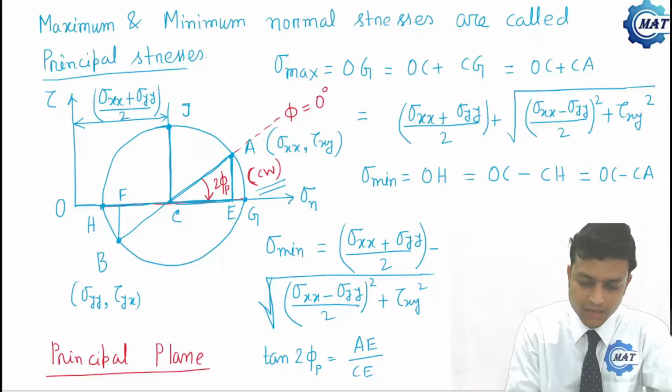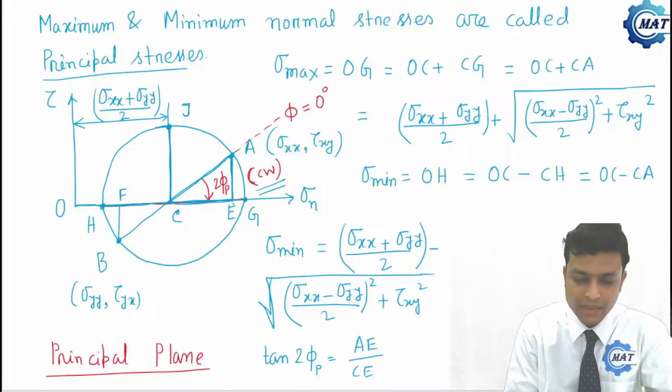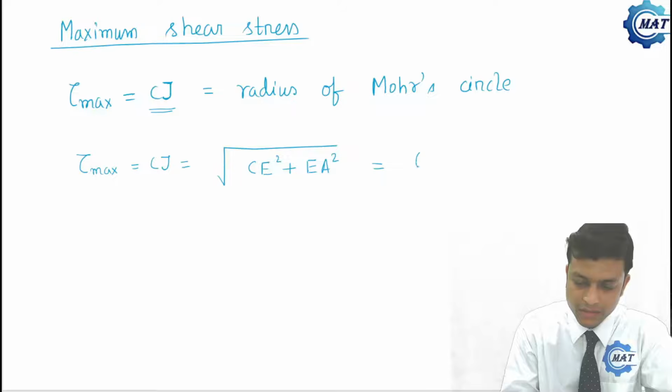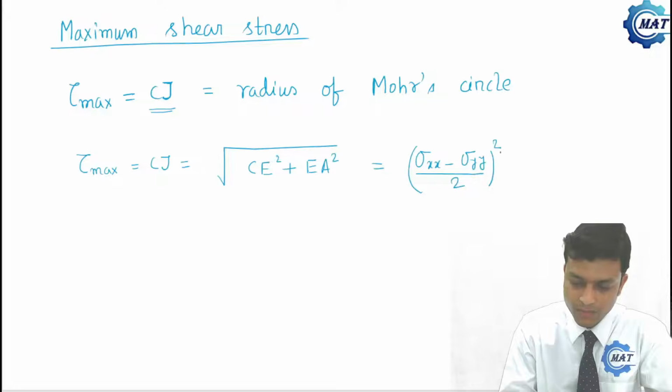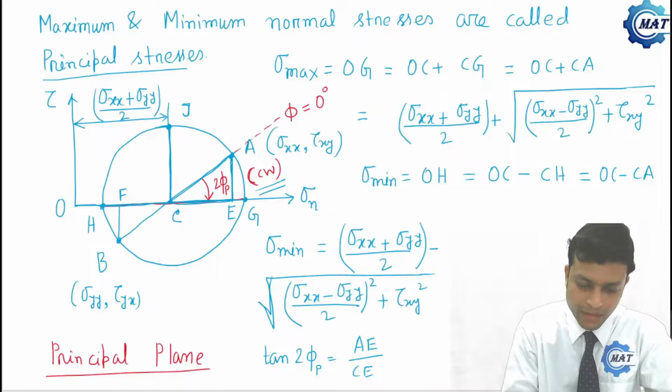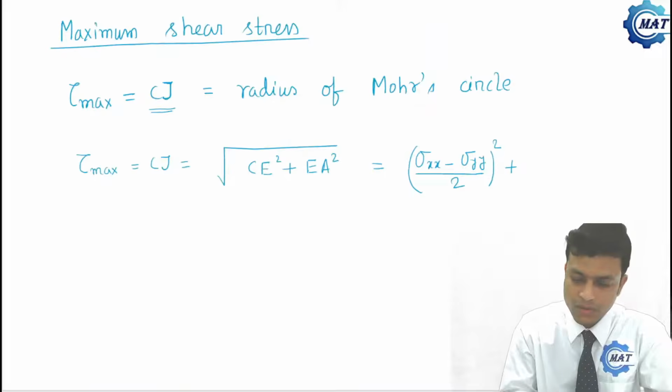CE is sigma xx minus sigma yy by 2. So this whole square plus, what is EA? EA is nothing but tau xy. So plus tau xy square, root of that.